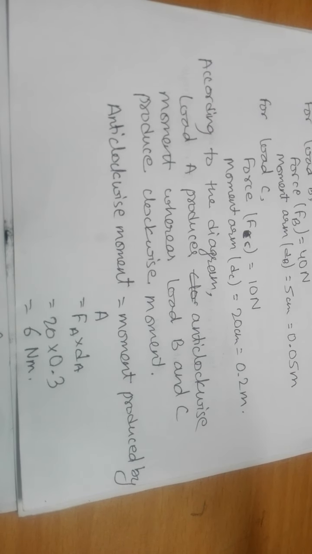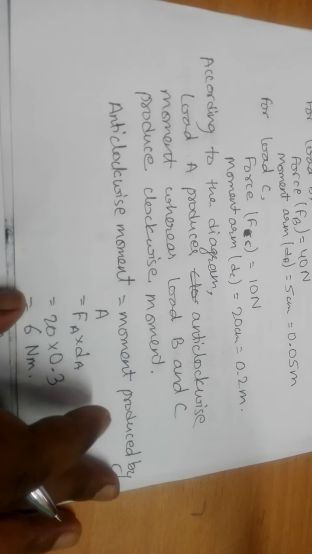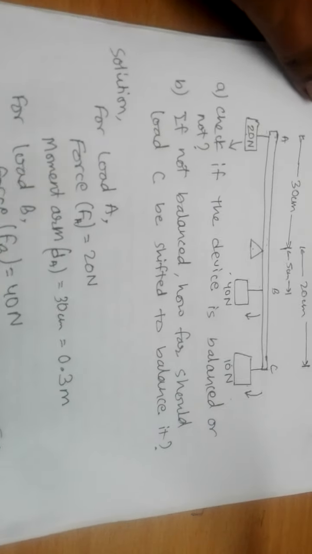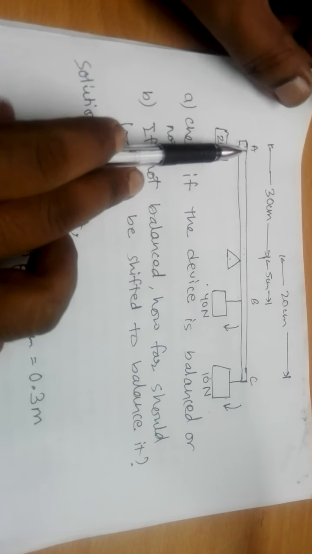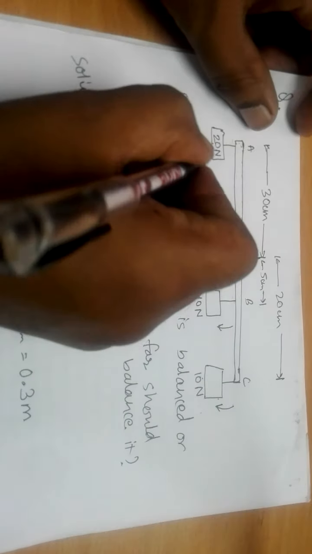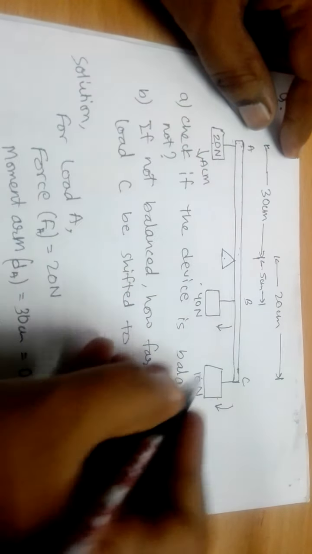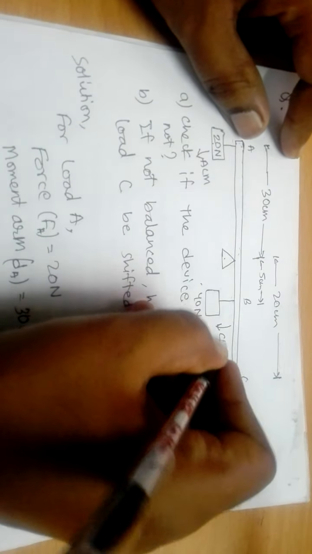Any confusion up here? We just calculated the moment produced by A, that is anti-clockwise moment, ACM, whereas load B and C produce clockwise moment, CM. Now we are going to calculate clockwise moment.